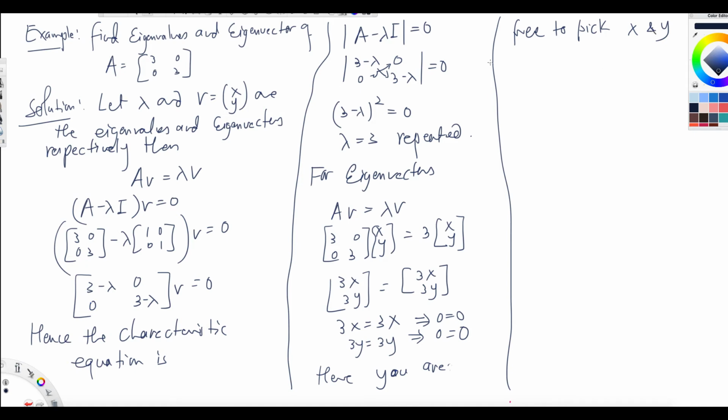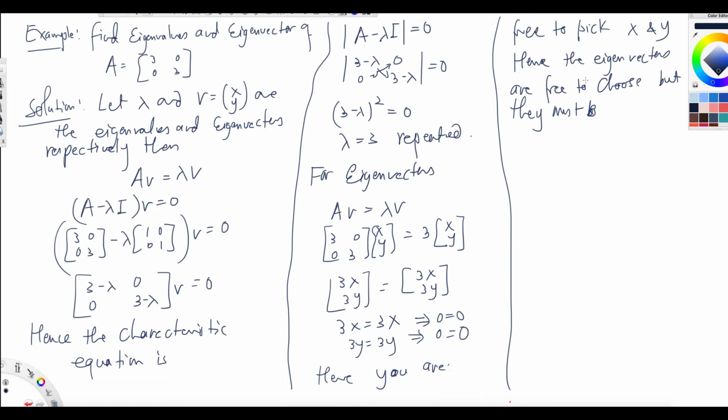So hence the eigenvectors are free to choose, but they must be independent. Because if you choose dependent ones, then they are actually not different.